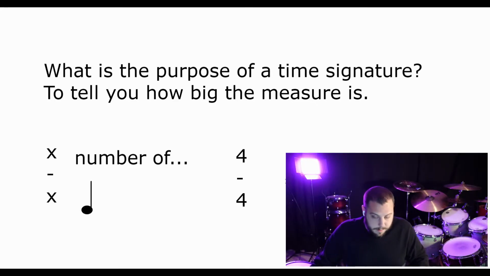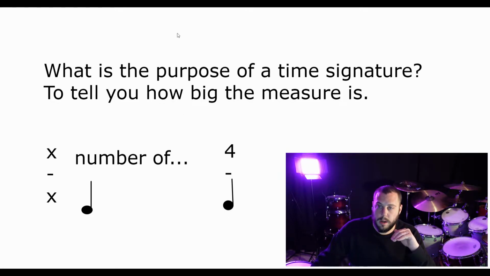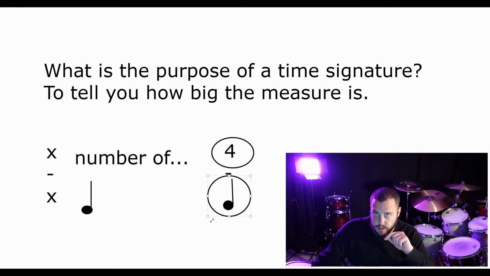Again, that bottom number shouldn't be a number. So we're going to draw it again, but this time we're going to do 4 over, and then I'm going to very crudely draw a quarter note. And hopefully you're starting to see the picture here. 4 over 4 means that this measure can fit 4 quarter notes in it.